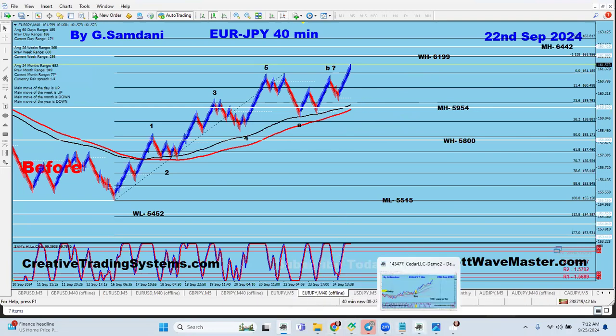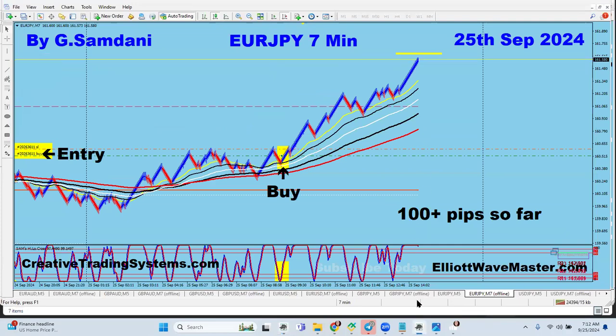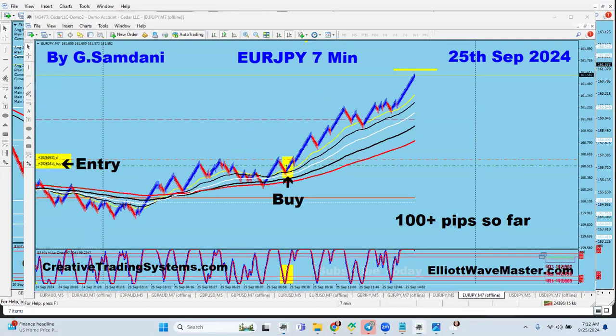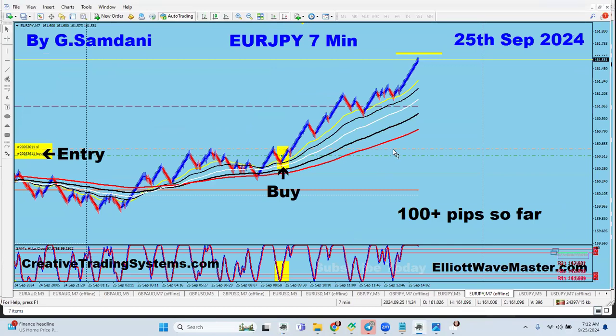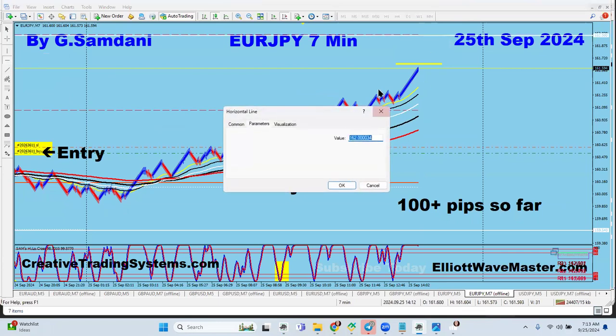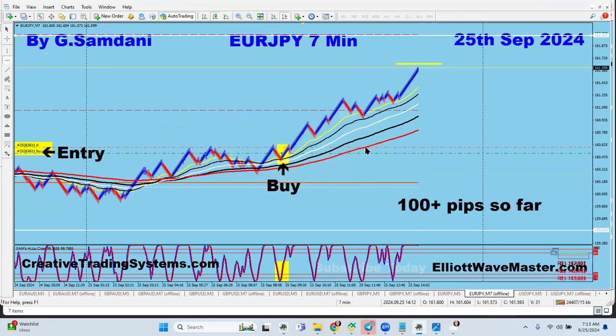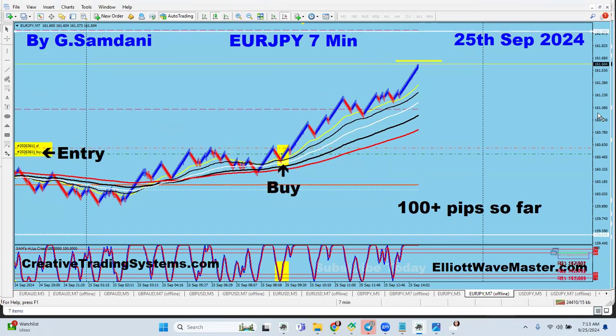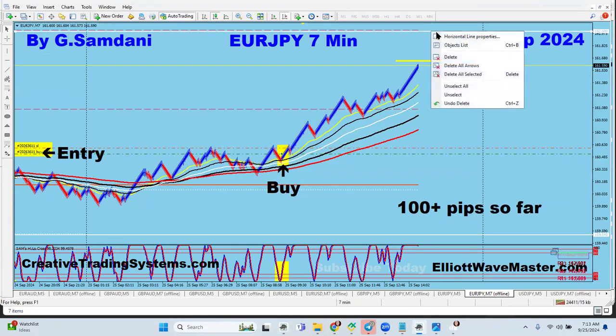Let's see the 7-minute chart. The 61.99 weekly high is probably this R2 actually, right here. Well, 62, right? Excuse me, this is 62.